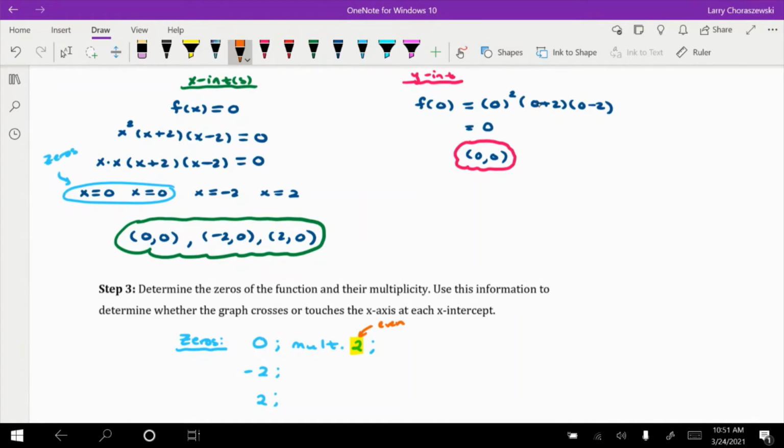So it would actually be a touch with an even multiplicity. With negative 2, negative 2 shows up as an answer only one time, so it's a multiplicity of 1. 1 is an odd number.